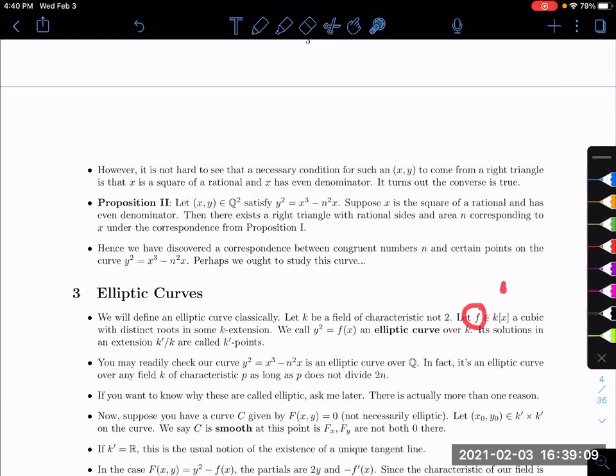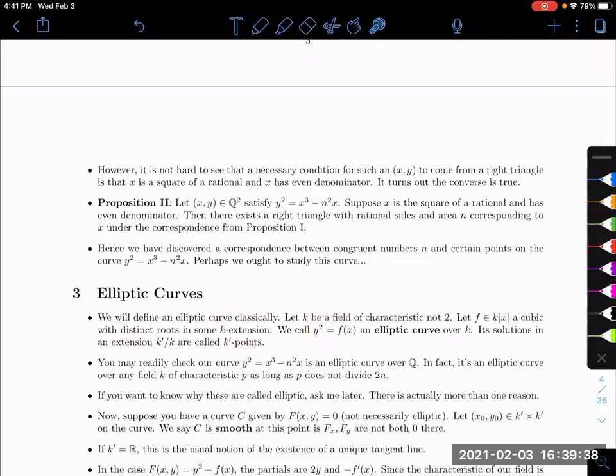Take f to be a cubic in the polynomial ring over K in one variable. It doesn't necessarily have roots in K, but maybe it has roots in some field extension of K. If these roots are distinct, which turns out to be the same thing as smoothness, then we're going to call expressions of the form y squared equals f of x an elliptic curve over K.